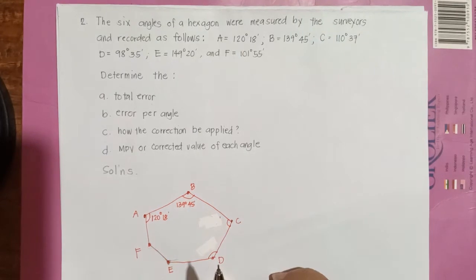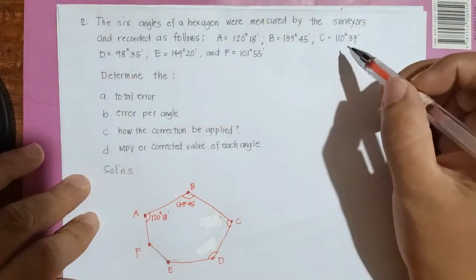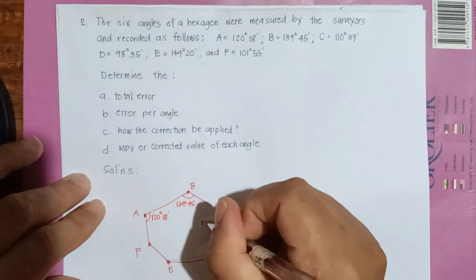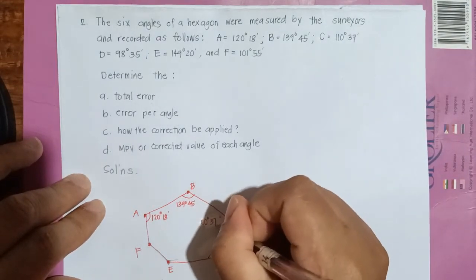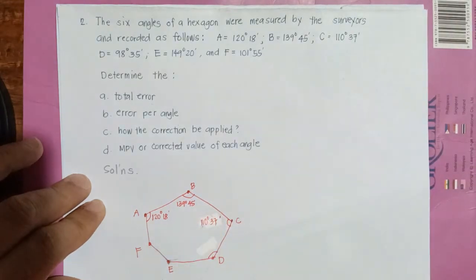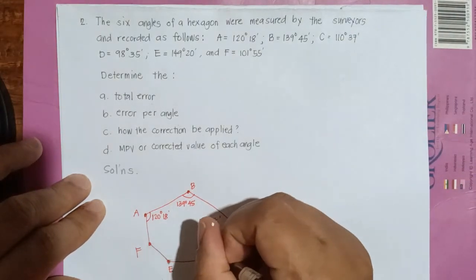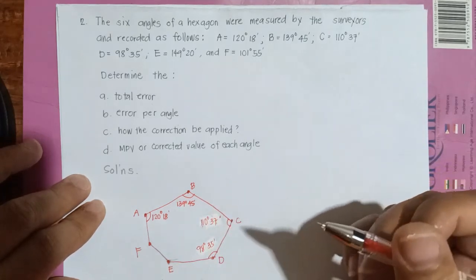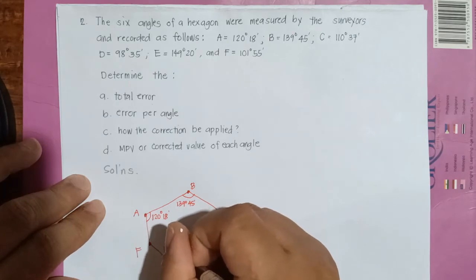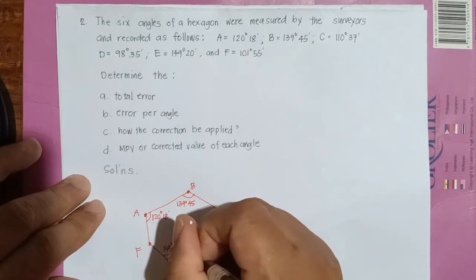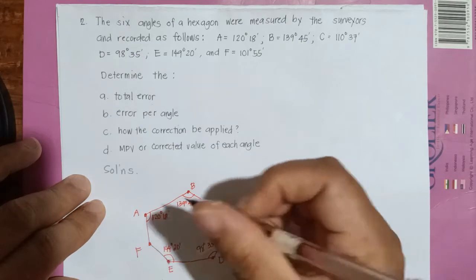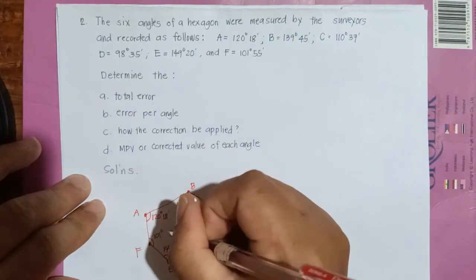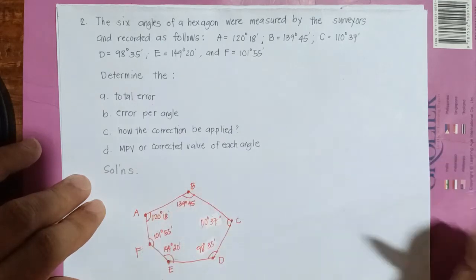Let me check. Okay, sorry for that. C is actually 110 degrees and 37 minutes. And D, you have 98 degrees and 35 minutes. E is 149 degrees and 20 minutes. And F, you have 101 degrees and 55 minutes.